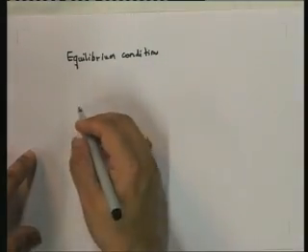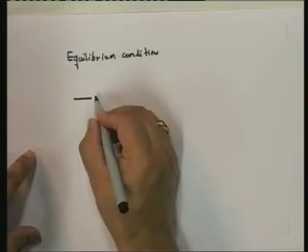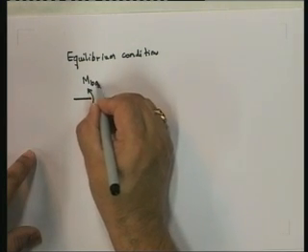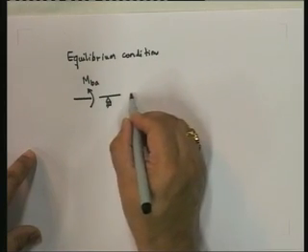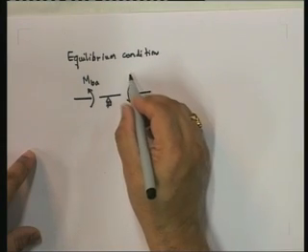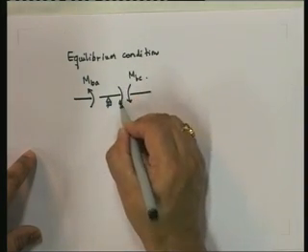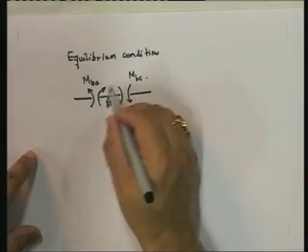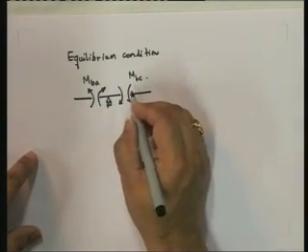Let's look at joint B. At joint B, what do we have? From AB, we have MBA, then we have the joint, and then from CB we have MBC. So if I look at the joint itself and take the moment equilibrium at the joint, what do I get?